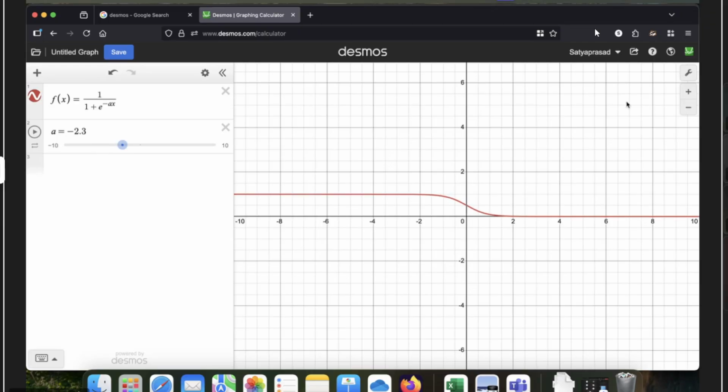If I change a to the negative side, the signal gets reversed. And if a is on the positive side, at a equal to 1, it is what we call a sigmoid.